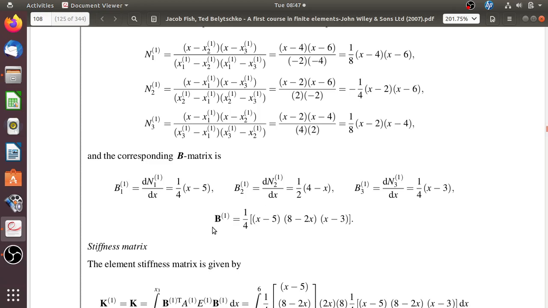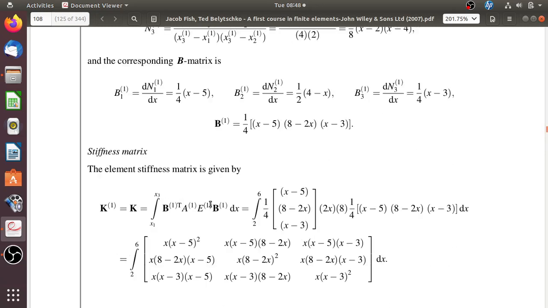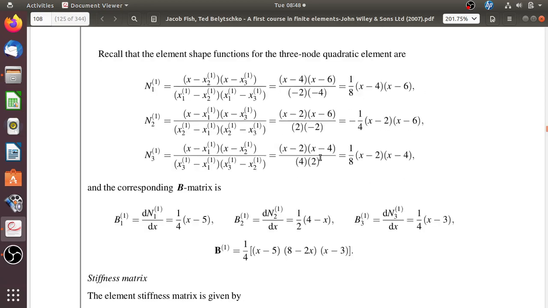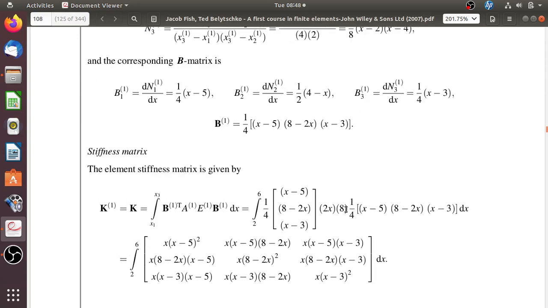Now I know what the B matrix is, and I'm going to calculate the element stiffness matrix, which turns out to be the global stiffness matrix. The element stiffness matrix is given in this form, and if I substitute my B and A, which is 2x, and then Young's modulus, which is also given, I will get it in this form.